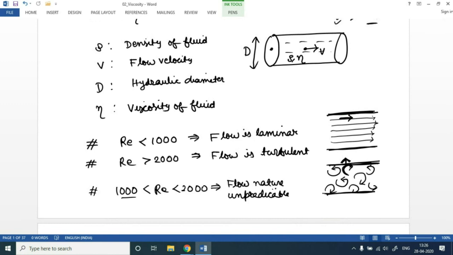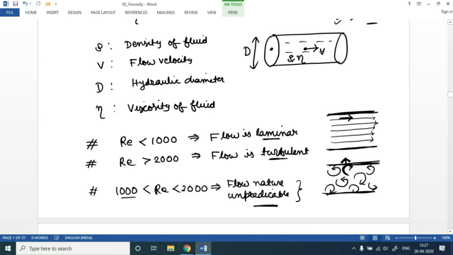For example, at one place right now we are having laminar flow, and at a later instant we will be having turbulent flow. That would be a very unpredictable nature of fluid flow, and that basically would be a nightmare for a fluid engineer. If he knows that the flow is laminar, he can design the system appropriately.